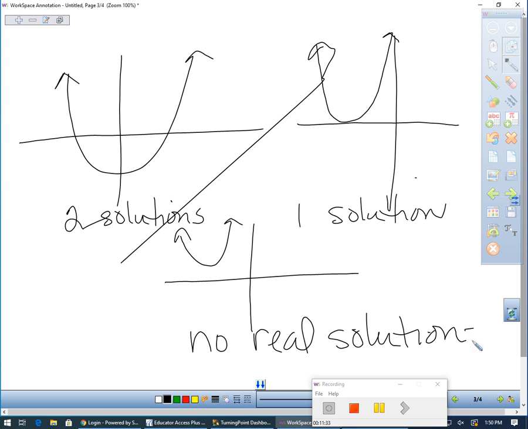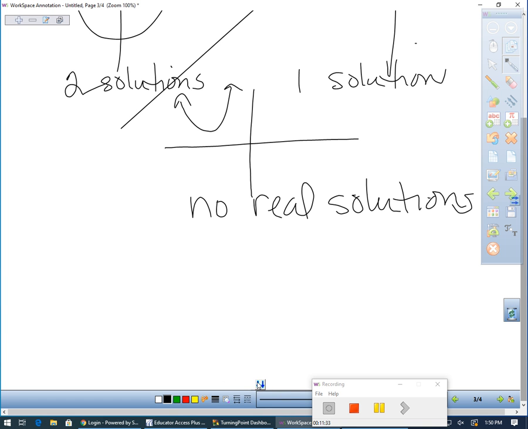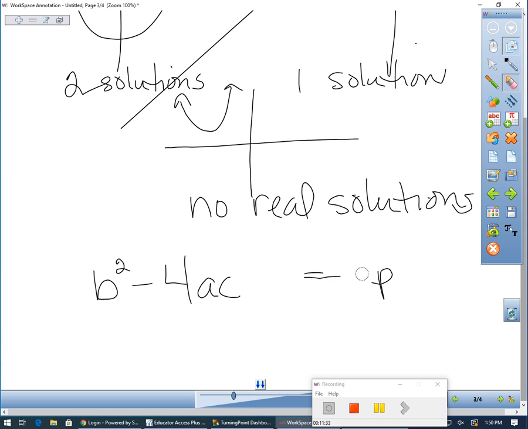Okay? So now, when you do the square root part of your problem, underneath that square root is b squared minus 4ac, right? If that equals a positive number, let's just write it as a plus sign, a positive number, then we get 2 solutions.